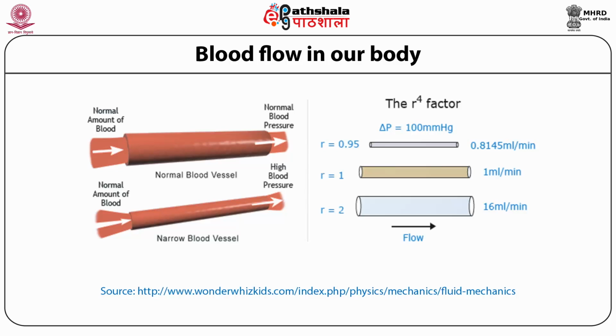If the radius of the blood vessel goes to 1, then you have increased blood flow, and when you double the radius again, the blood flow increases by 16 times. So here we have the r to the power 4 factor involved, which can be easily seen through this example.